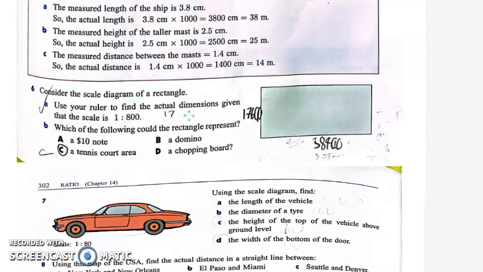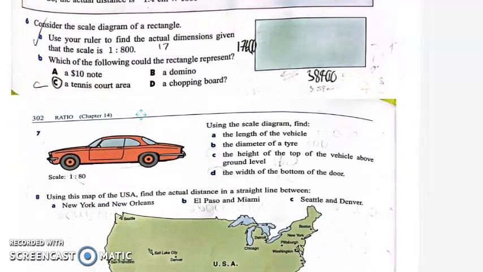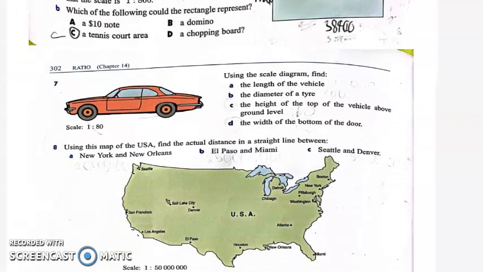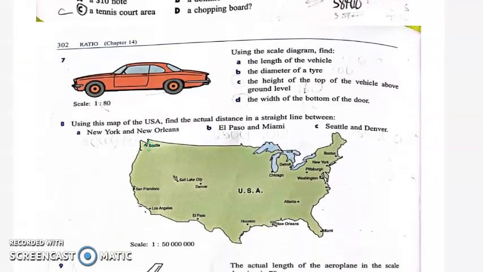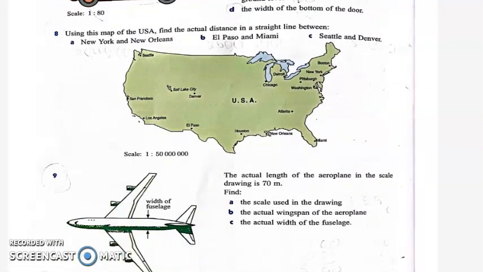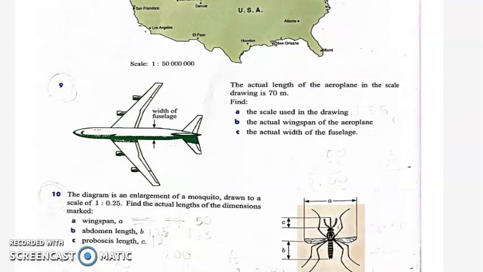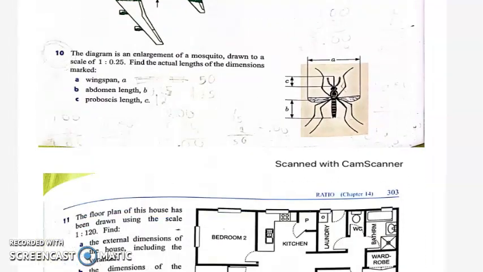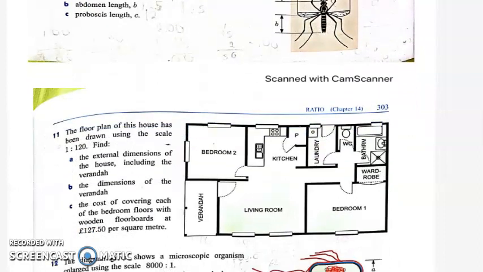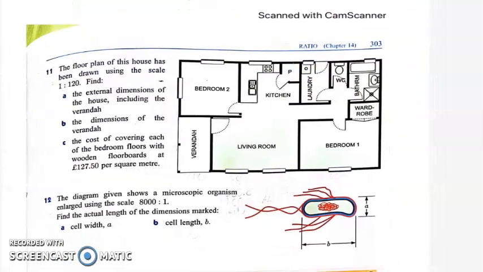The scale diagram is given and you have to determine everything. Then similar questions, you can see we have done the basics about them. So you can simply try and solve them, and if you encounter any problem you can ask me.